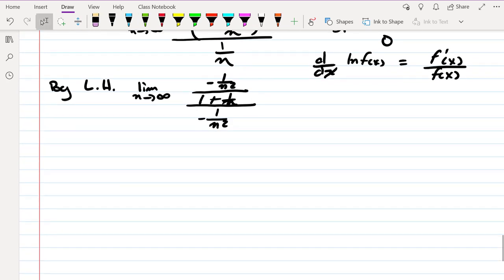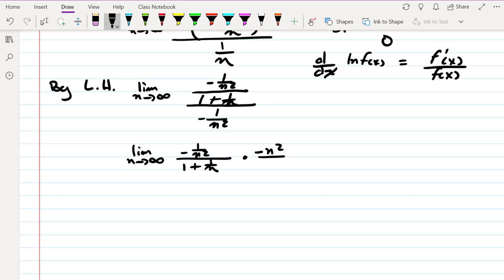So then, multiplying by the reciprocal, we have the limit as n goes to infinity of negative 1 over n squared divided by 1 plus 1 over n times negative n squared over 1.